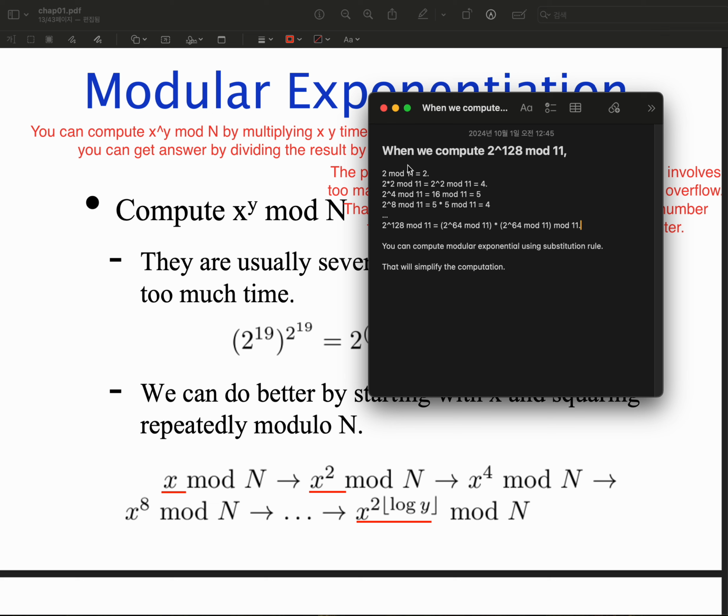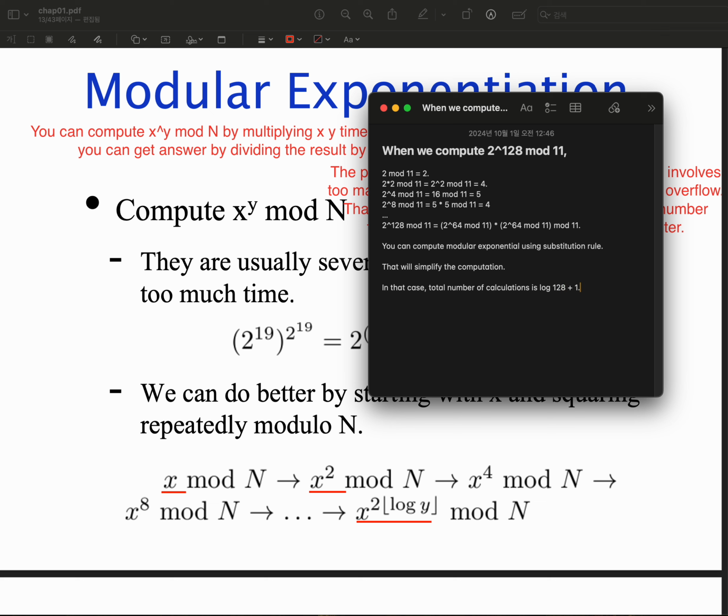Then the total number in this case is log 128 plus 1.